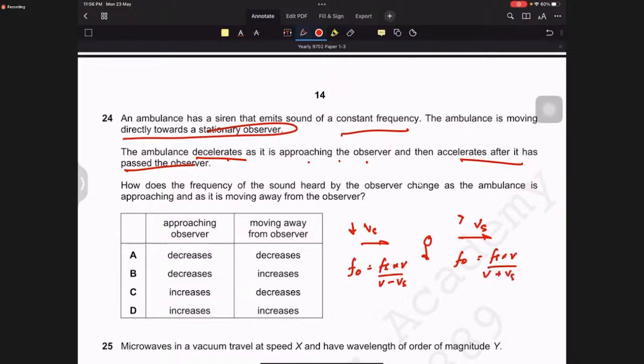Now, in this one, vs is reducing, which means the denominator is bigger, so f0 has to be smaller. So it decreases. These are wrong. And then when it is moving away, vs becomes larger, so the denominator is greater, which means f will again be smaller. So it decreases again. So it has to be A then.